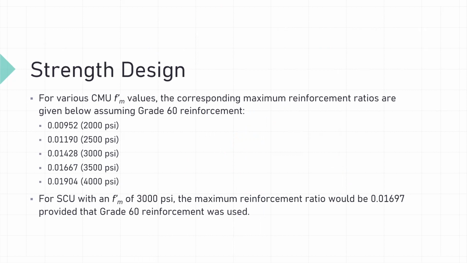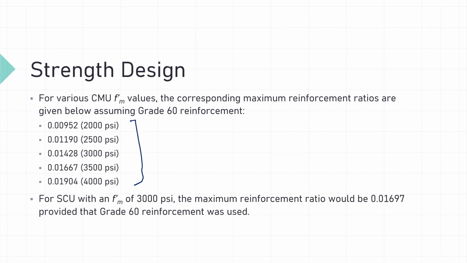So for grade 60 reinforcement, which is what we will commonly be using, I've calculated it for various values of f'm. So this is a range here from 2000 to 4000 psi. And earlier I showed you f'm does not have a huge impact on flexural strength or moment capacity, but it does have a very significant impact on our maximum reinforcement ratio, as you can see here.